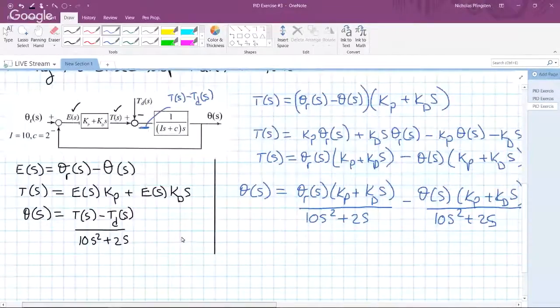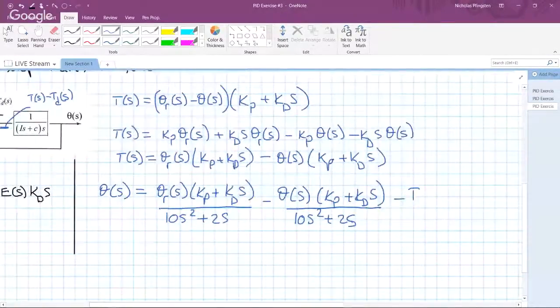And the last piece is going to be negative T sub d of s all over 10s squared plus 2s.